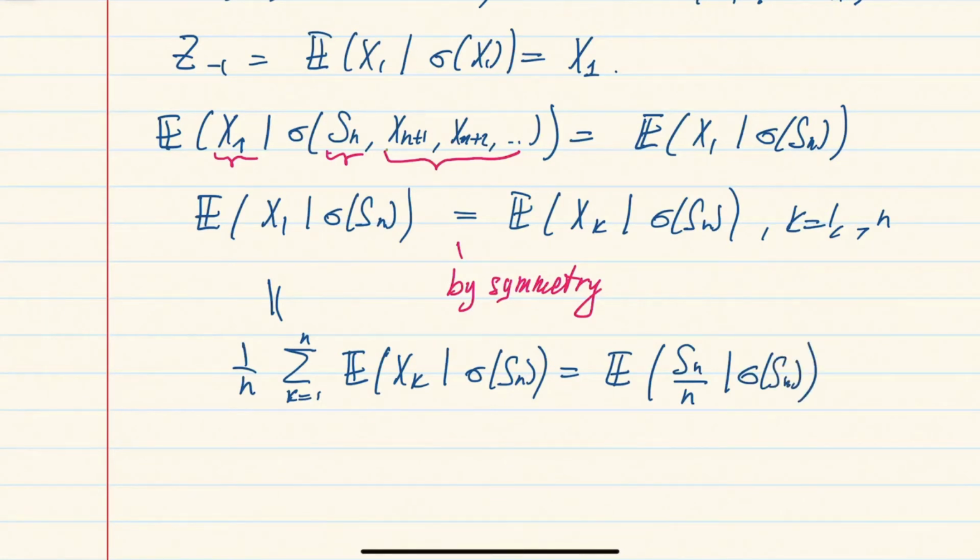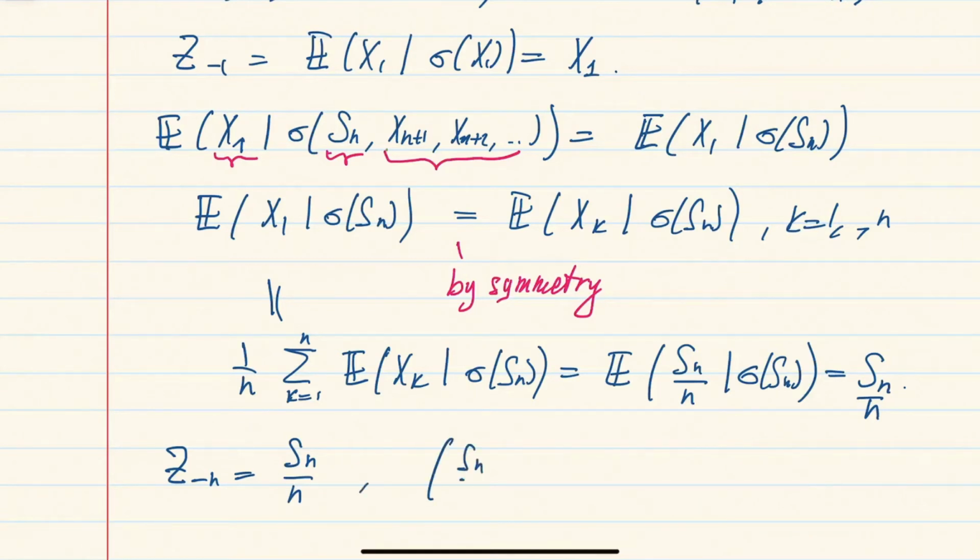Because the sum is measurable with respect to the sigma algebra generated by the sum, this is just Sn over n. So what this shows is that Z_{-n} is nothing but this average that we look at in the strong law of large numbers, right?